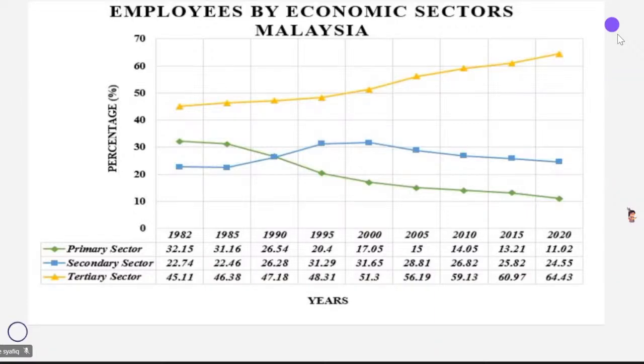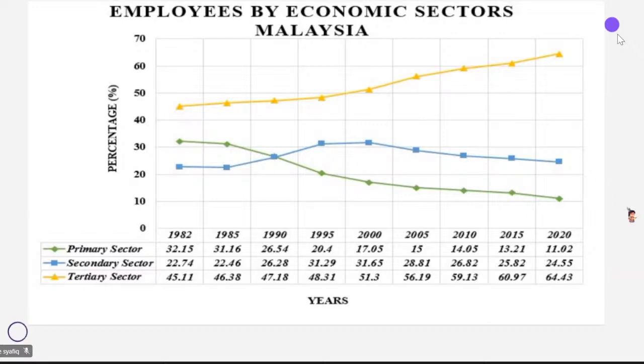As we can see, the people who opt to work in the primary sector, which is agriculture, livestock, and mostly the traditional sectors, kept on decreasing from 1982 to 2020, and people who opt to work in the secondary and tertiary sectors kept on increasing. The number of employees working in the tertiary sector is more compared to the other two sectors.